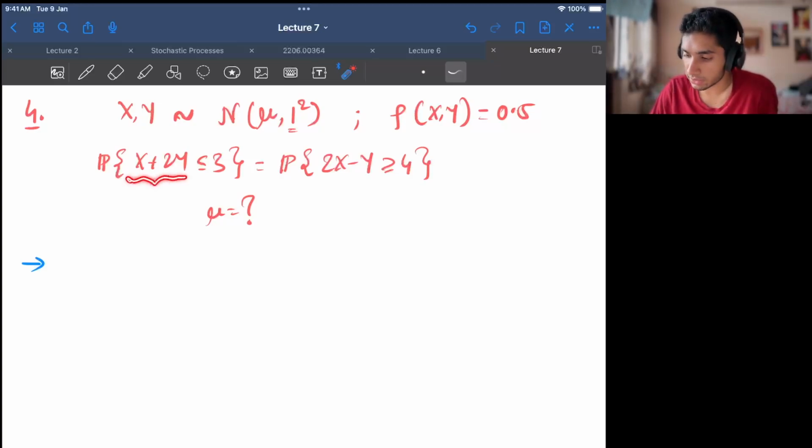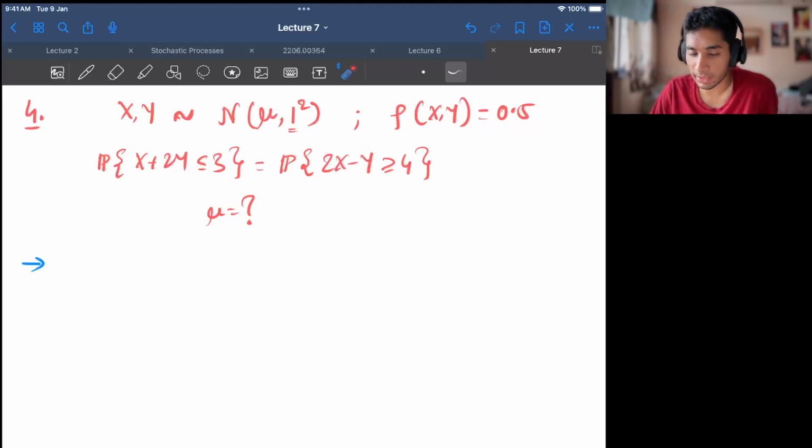Because this is just a linear combination of x and y, and we know that x and y are normally distributed, and a linear combination of Gaussian distributed random variables is again Gaussian. We know this property for a fact. Similarly, 2x minus y is again a linear combination of x and y, and would be again Gaussian distributed, right? So this will again be a Gaussian random variable.